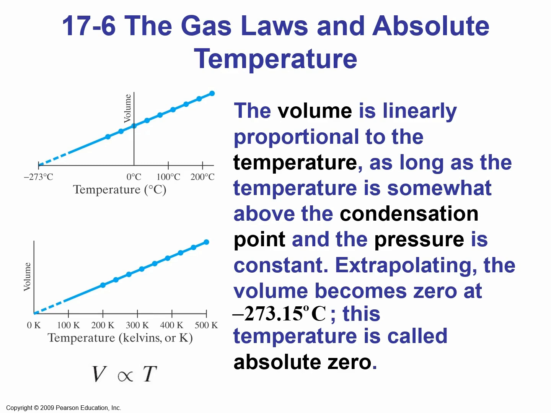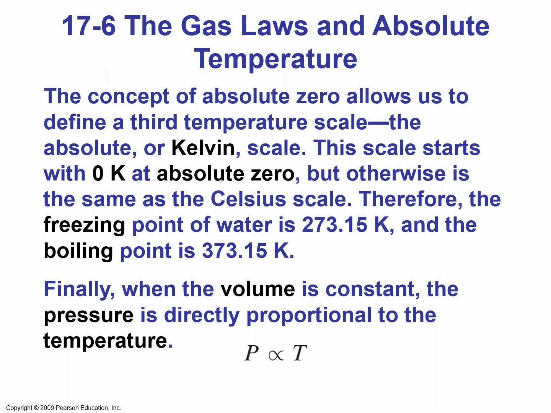Extrapolating the volume, we will see that the volume becomes zero at the temperature of minus 273.15 degrees Celsius, and this temperature is called absolute zero. The concept of absolute zero allows us to define a third temperature scale, the absolute or Kelvin scale.